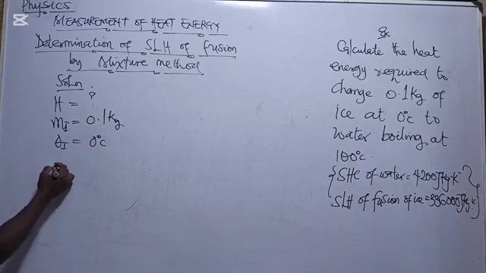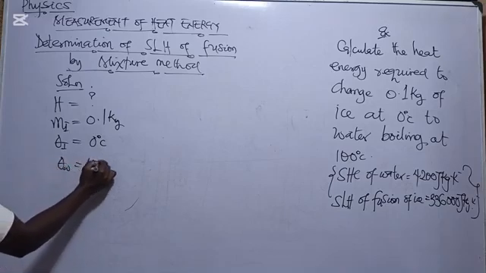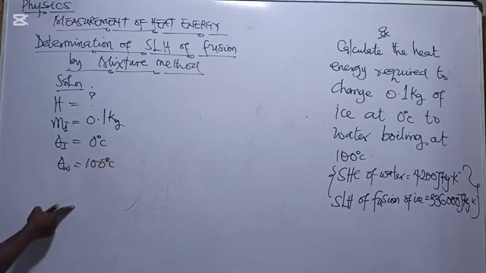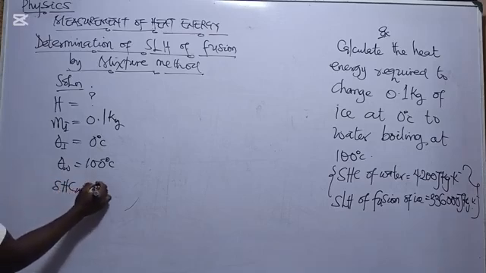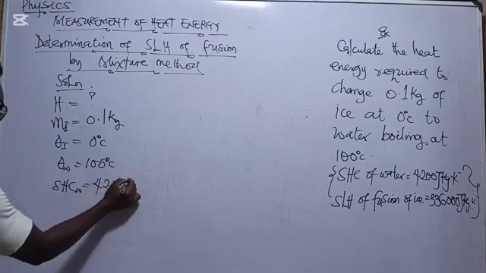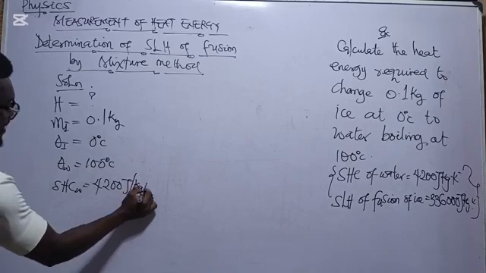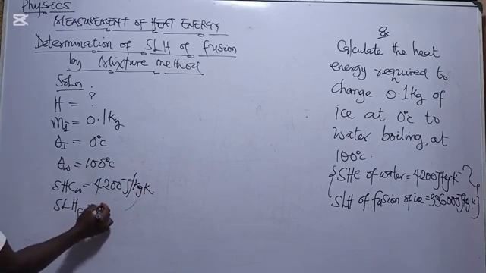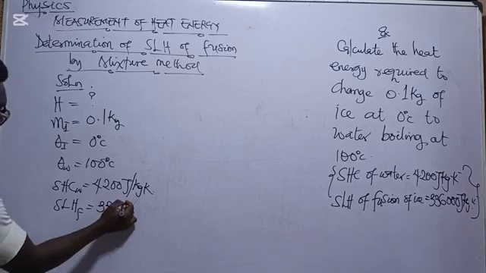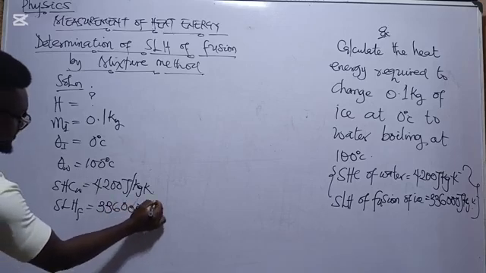That's the temperature of the water is 100 degrees Celsius. Then we have the specific heat capacity of water given as 4,200 joule per kilogram per Kelvin. Then we have specific latent heat of fusion given as 336,000 joule per kilogram.